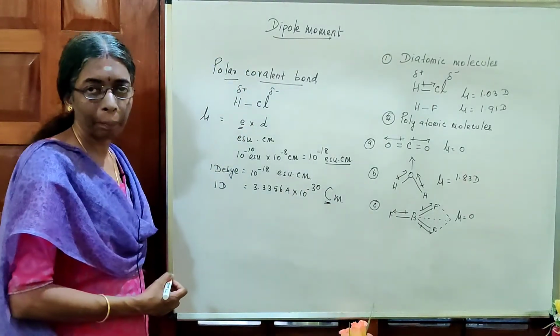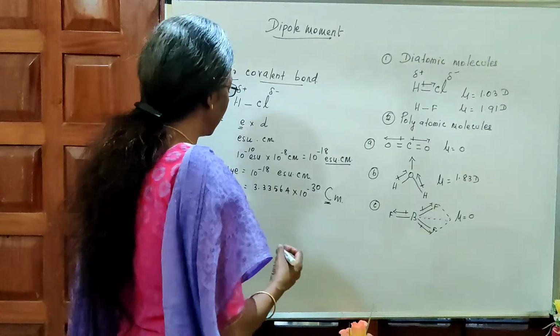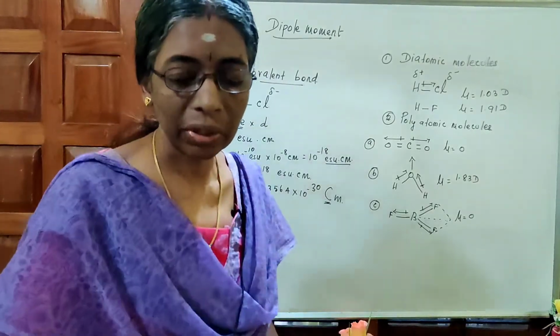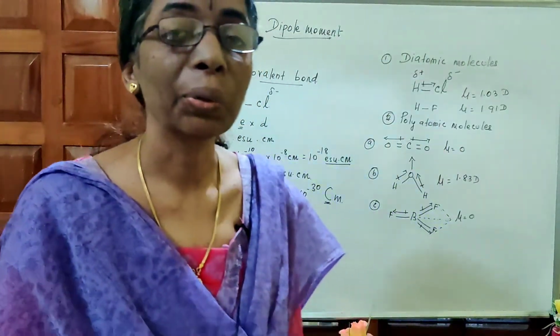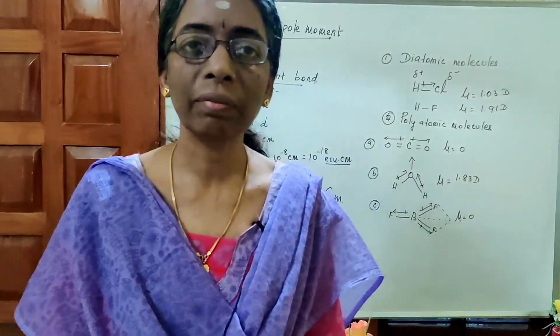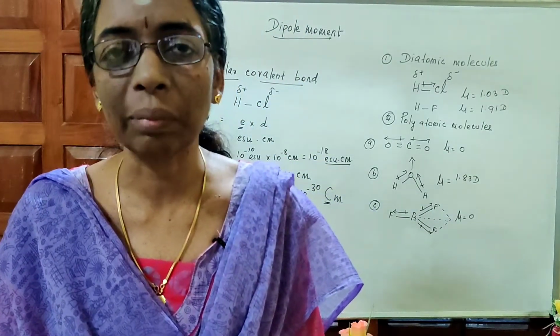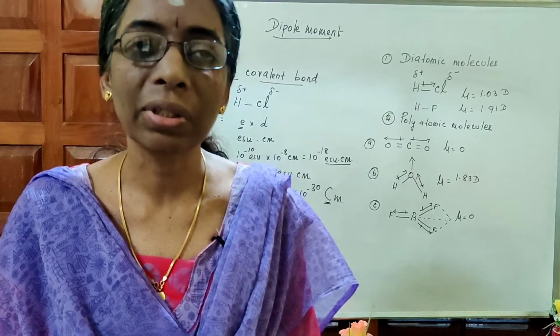Now we see the relationship. This is not actually in the book, but when we do applications of dipole moment, we may require the ESU centimeter unit, and sometimes conversion is necessary.